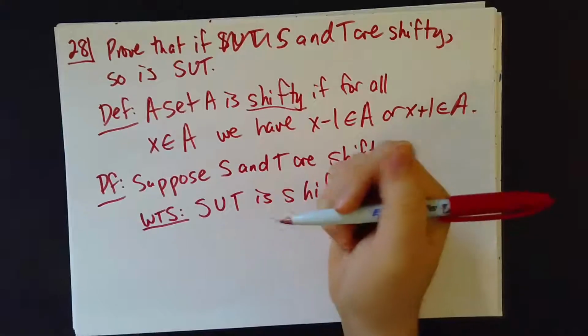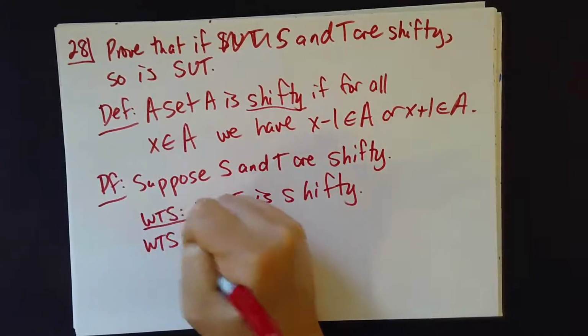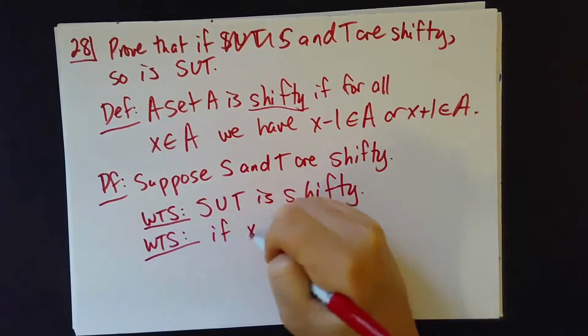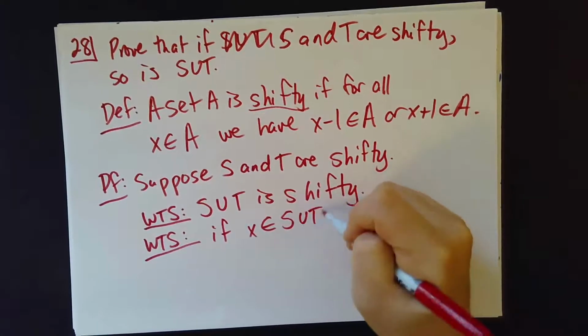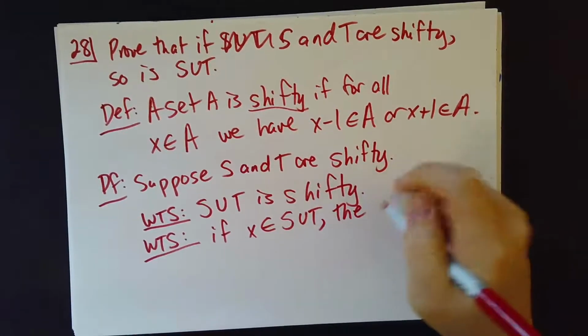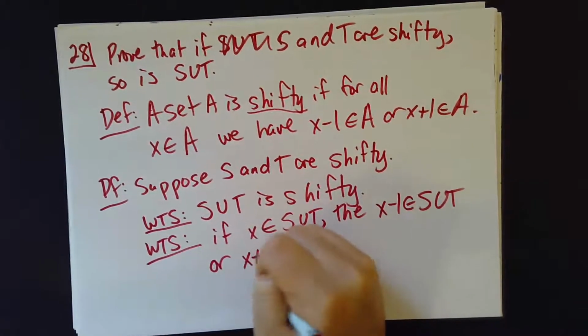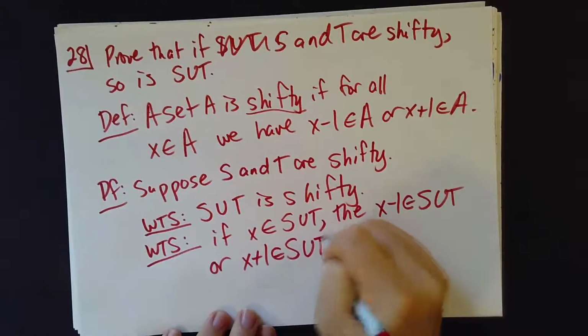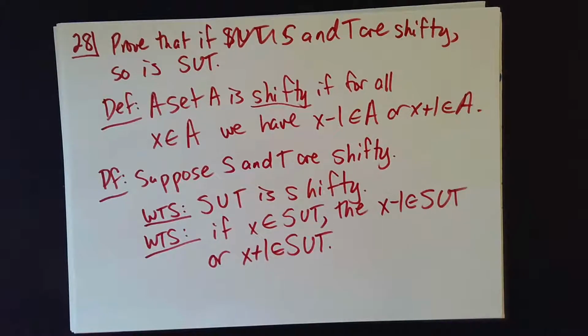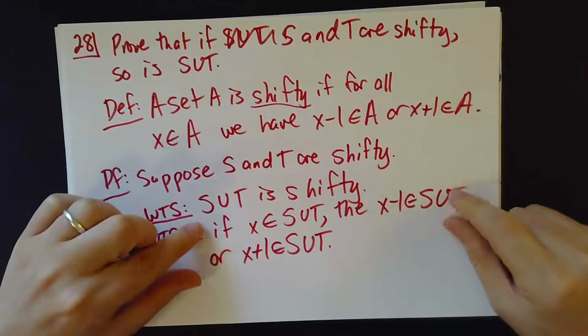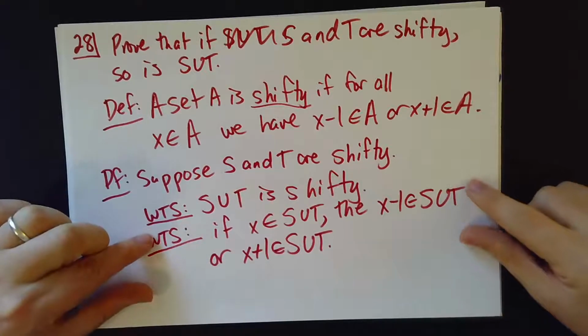Which is to say, I want to show that if x is in S union T, then x minus 1 is in S union T, or x plus 1 is in S union T. So far, I've written the definition of shifty a bunch of times, basically. But this is what I have to prove. Do we agree this is what I have to prove?